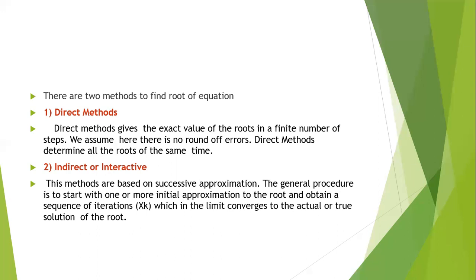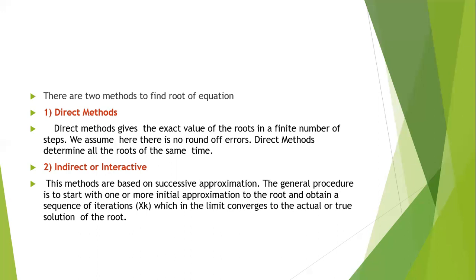The general procedure is to start with one or more initial approximations. In the iterative method, one or two initial approximations to the root are given, and we obtain a sequence of iterations which in the limit converges to the actual or true solution of the root.